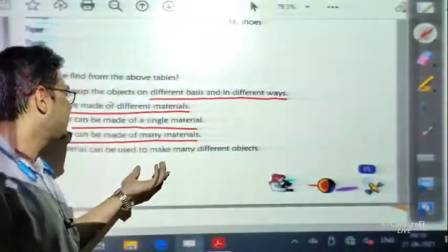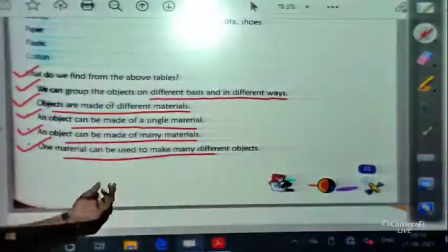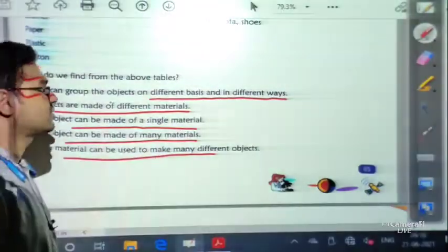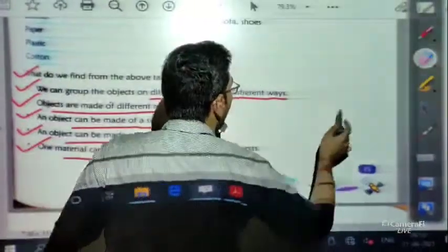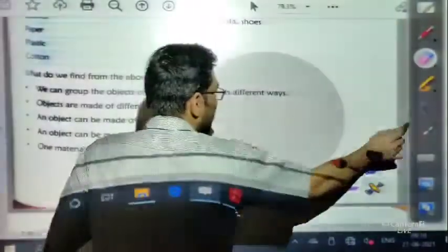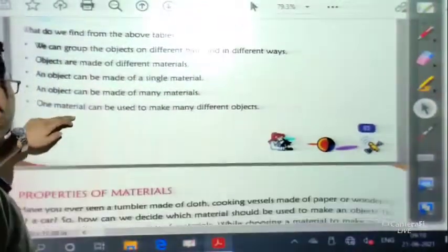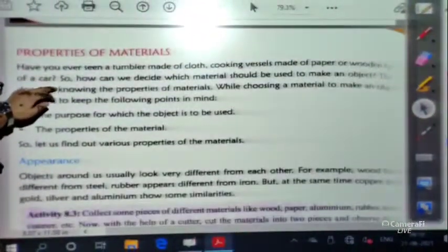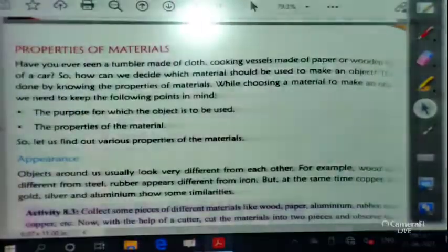So one material can be used to make different types of objects. Students, till now we have categorized the materials into different tables.